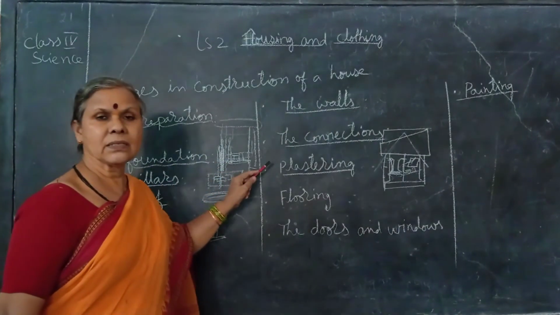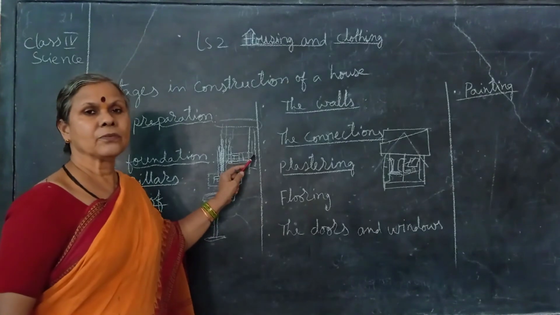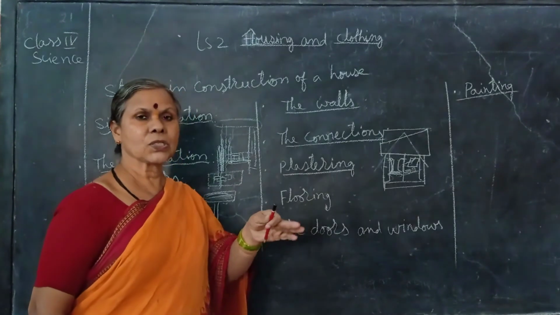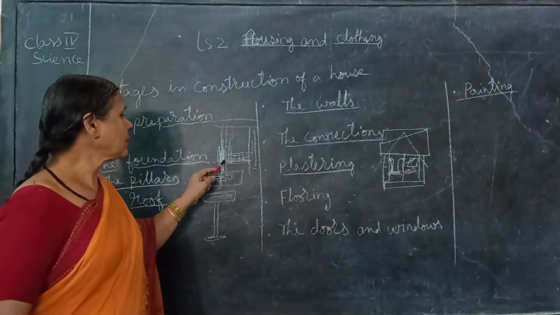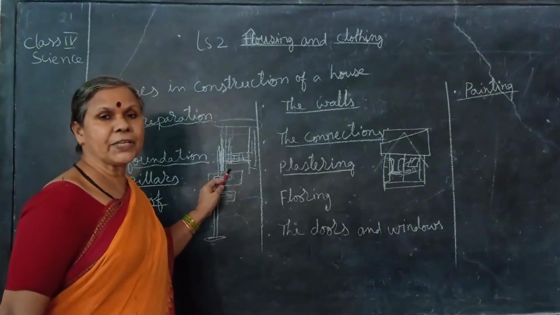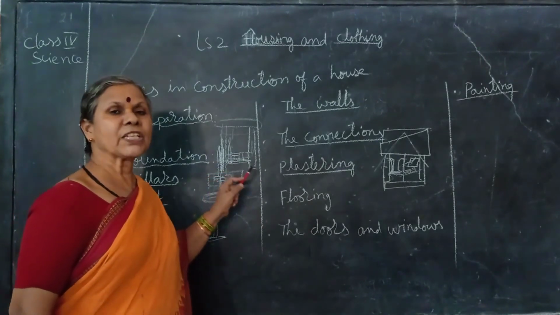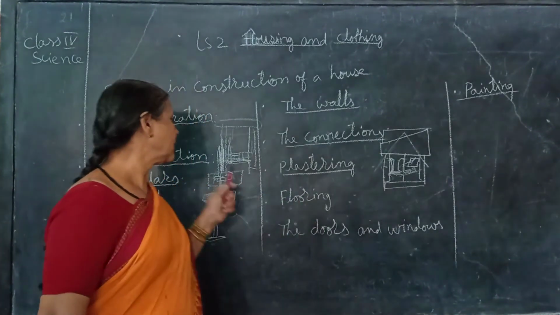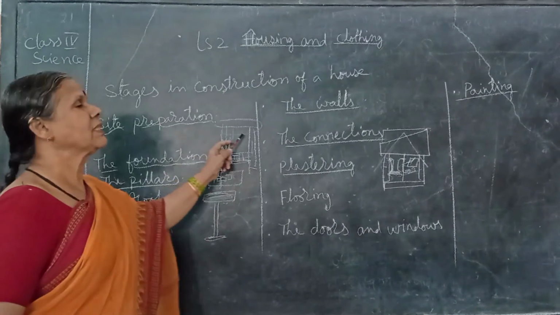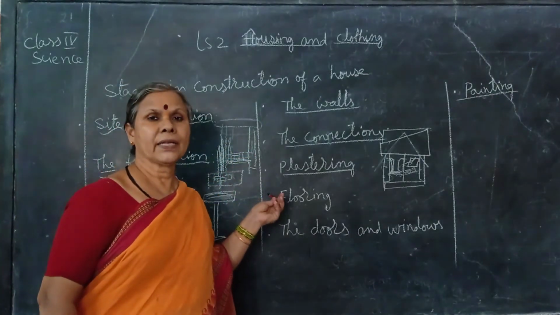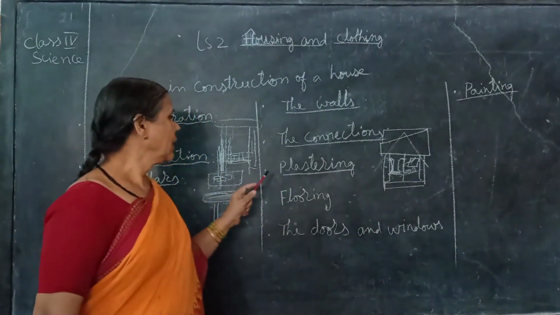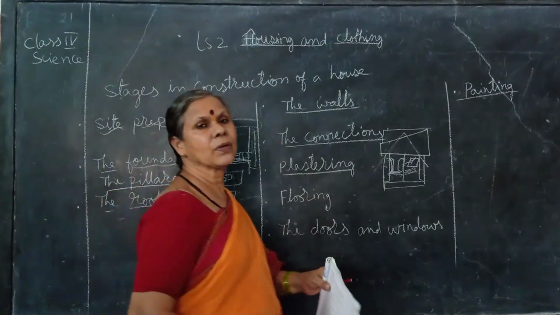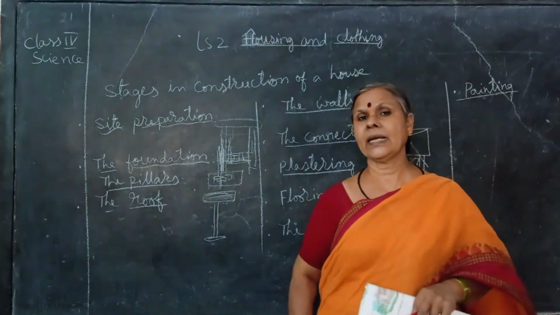Then the pillars will be kept here. With the help of iron rods, they tie four iron rods together. Then they fit that in and pour the mixture of cement, stone, water and sand, and the roof is constructed on that with the help of again the mixture of cement, sand and water.